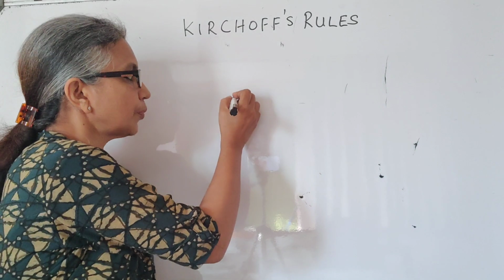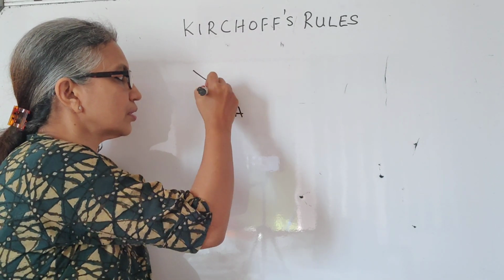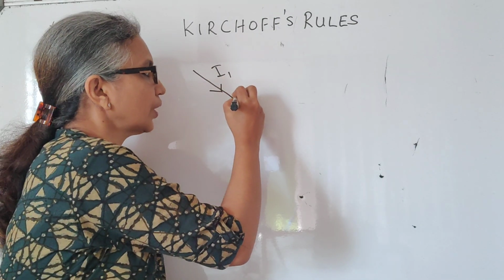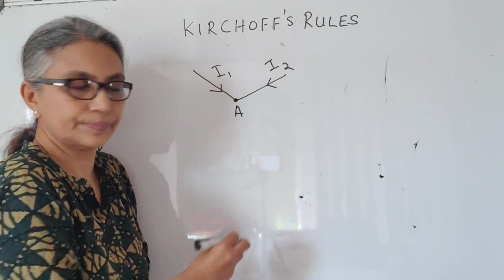For example, let's say we have a point A where a current I1 is entering the junction. Then we have another conductor bringing in current I2 to the junction.